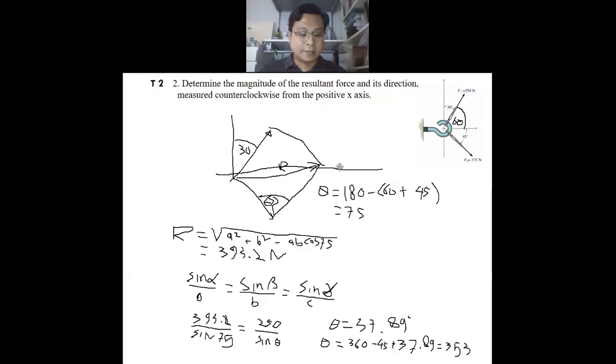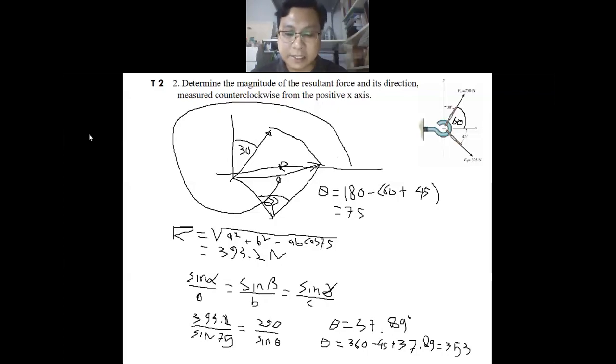Because we calculated the angle counterclockwise, correct? So from here, yes, that is the angle. Okay, this is the question number 2.